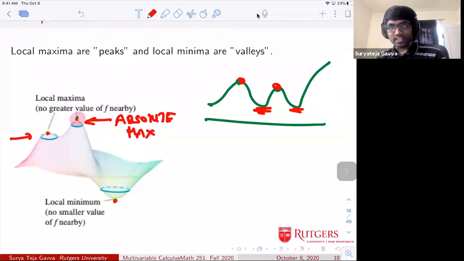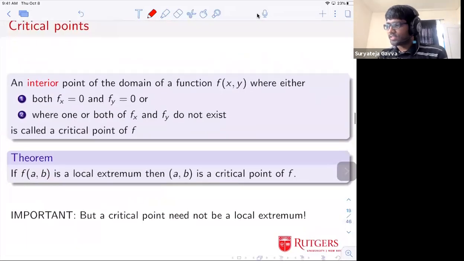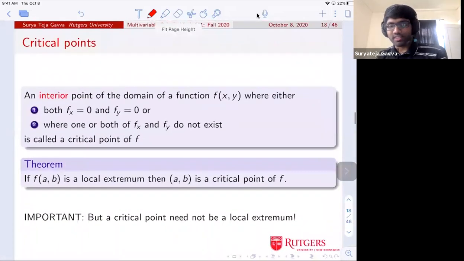The peak is just the highest point around that point, but it might not be the highest point. You might have to travel somewhere else to find the maximum highest peak. Okay, so that's the notion of local max and local min. That's quite similar to the stuff that you see in one variable.